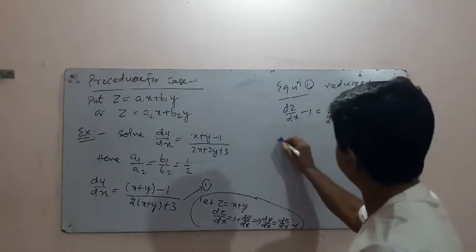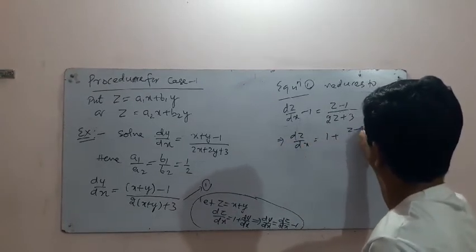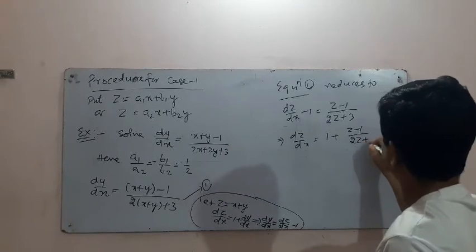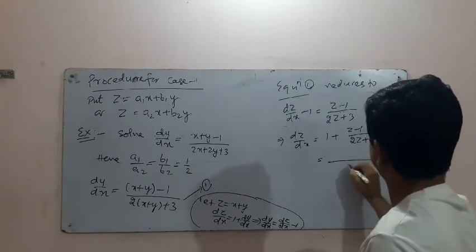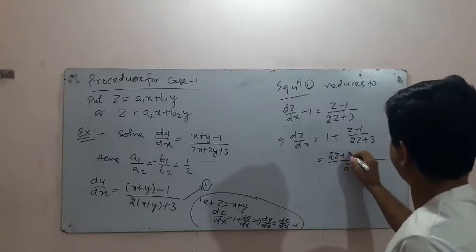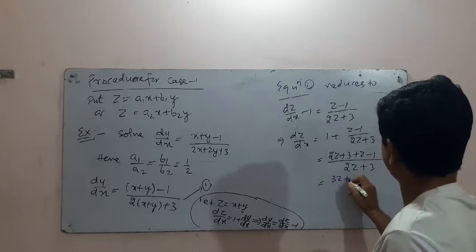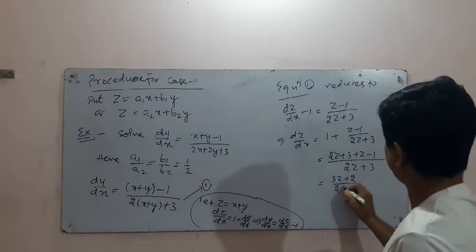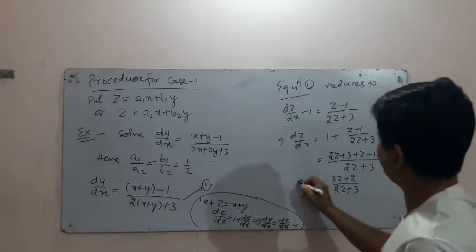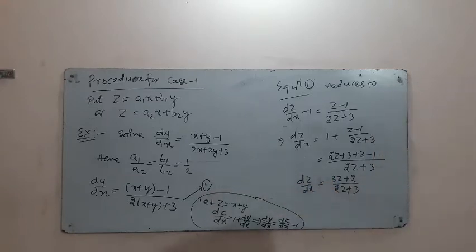Then what is dz by dx? dz by dx equal to 1 plus z minus 1 by 2z plus 3. 2z plus 3 will be LCM. Here 2z plus 3 plus z minus 1, it is 3z plus 2 by 2z plus 3. This is the value of dz by dx.